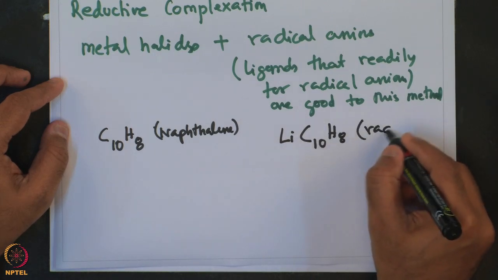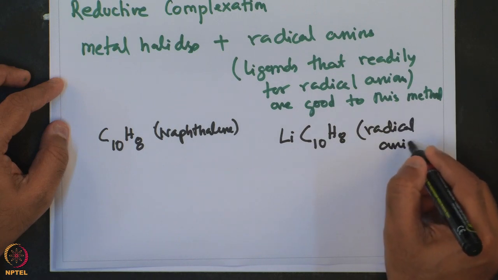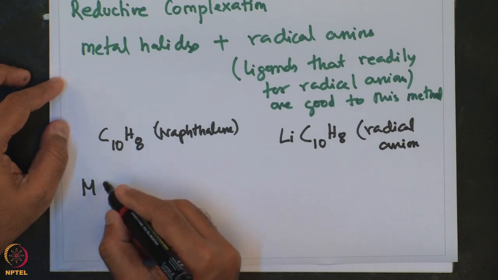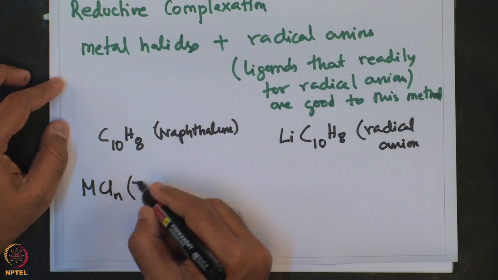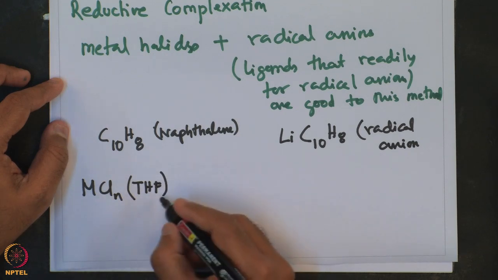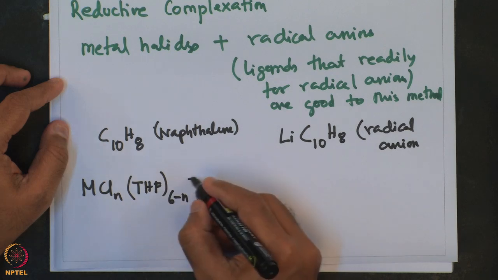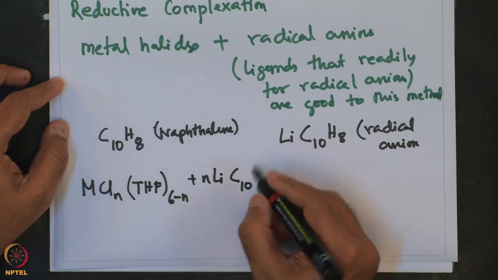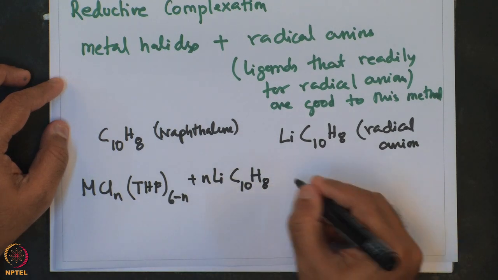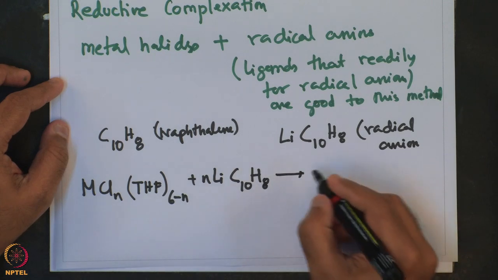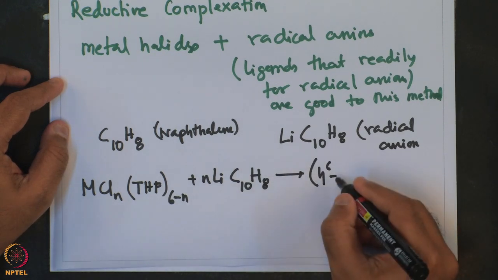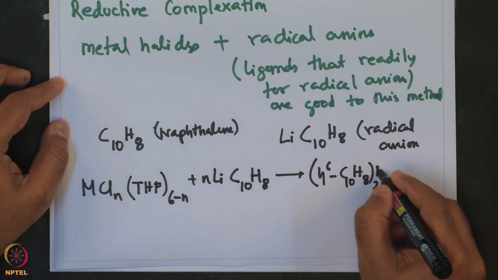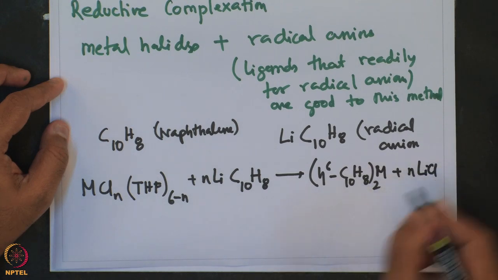This is the radical anion, and then the reaction MClN with THF, 6 minus N, plus N LiC10H8, giving eta 6 bound C10H8 whole to M plus N LiCl.